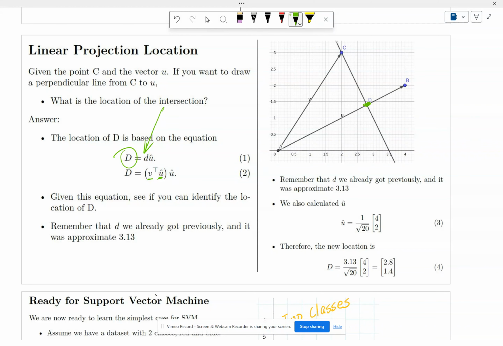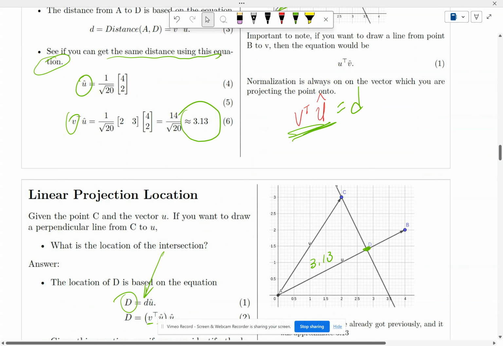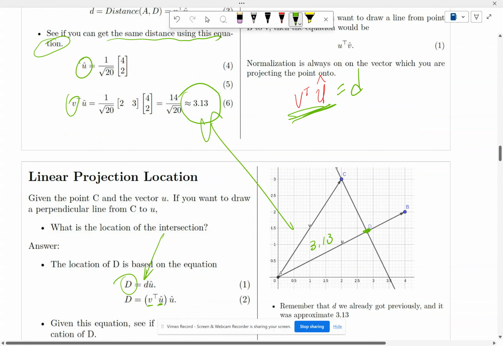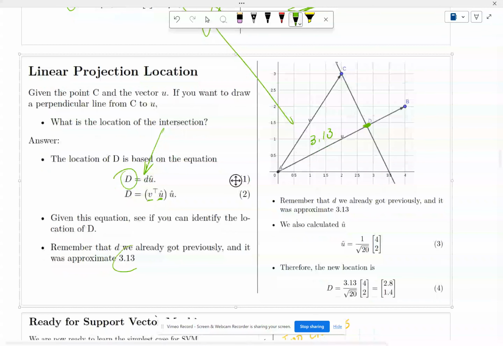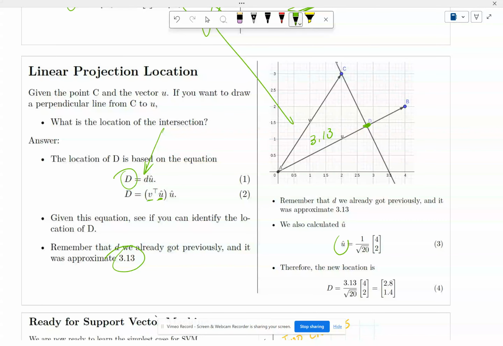Remember, I told you d is roughly 3.13. We calculated that right here. After we calculate 3.13, all we have to do is multiply this by the normalized u. Okay, so this right here is 3.13. If we multiply this by the normalized u, that will give us the point D. So let's do that.